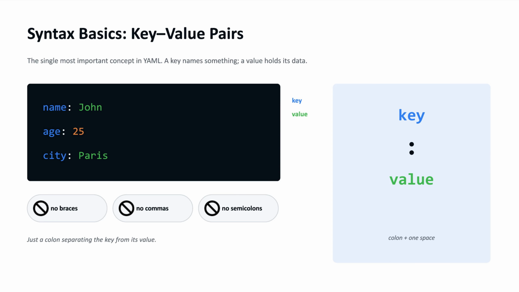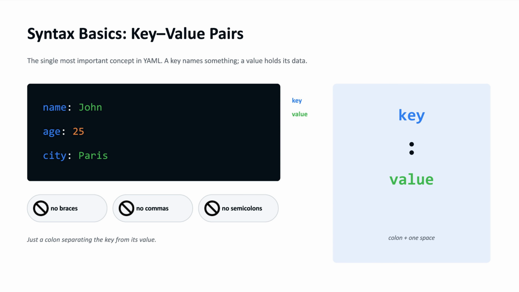Here, name, age, and city are the keys, while John, 25, and Paris are the values. Notice something? There are no braces, no commas, no semicolons, just a colon separating the key from its value.